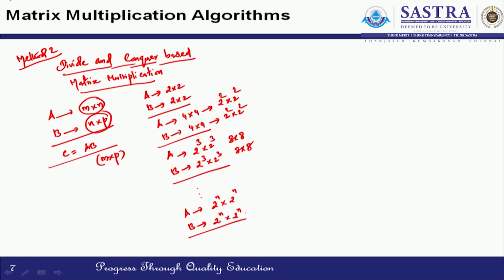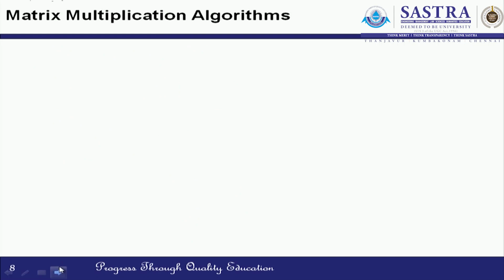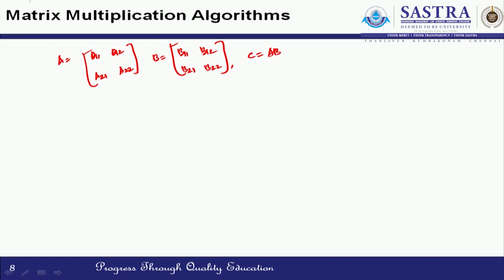In this case, we can apply the divide and conquer based algorithm, because when we have two matrices, say A is equal to A11, A12, A21, A22, and B is equal to B11, B12, B21, B22, then we can find C is equal to A into B.